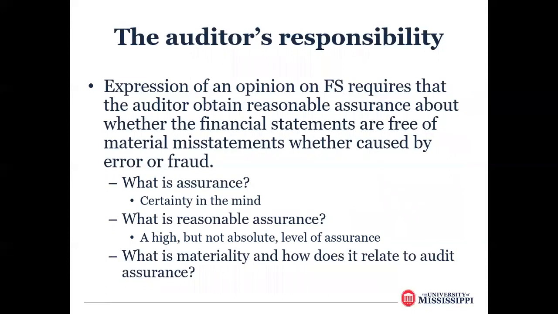Okay, and then the last question here is about materiality. The auditor needs to obtain reasonable assurance about whether the financial statements are free of material misstatements. So we're not providing assurance about whether the financial statements are free of any misstatements.